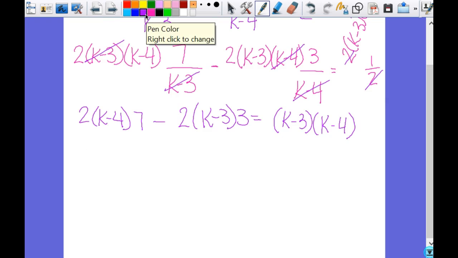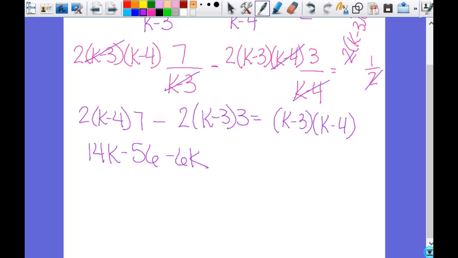I'm going to go ahead and multiply this out. So 2 times 7 is 14, and then I distribute that in here. So I'm going to get 14K minus, what's 14 times 4? 56. And then I can't mess up on this minus right here, right? So 2 times 3 is 6. So I get 6 times K, but that's a minus 6K.